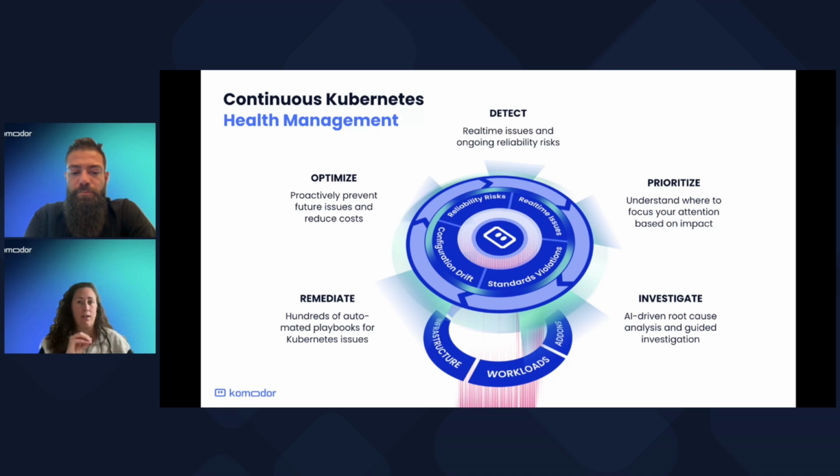If we dive a little bit into each one, the first one is reliability risks. Those are things that are not posing an immediate issue in your cluster, but are important to pay attention to. Those are things that are ongoing and may cause something more concrete in your cluster.